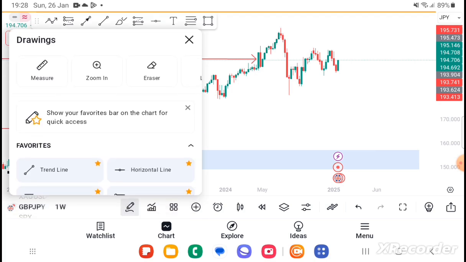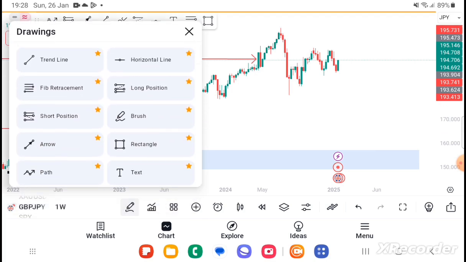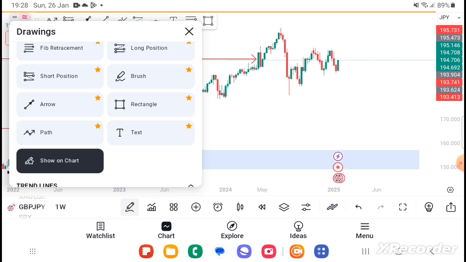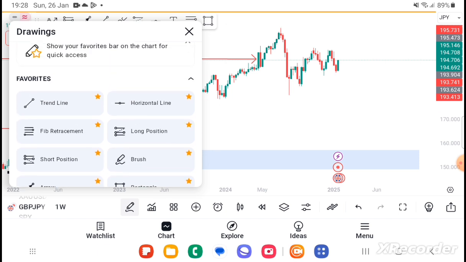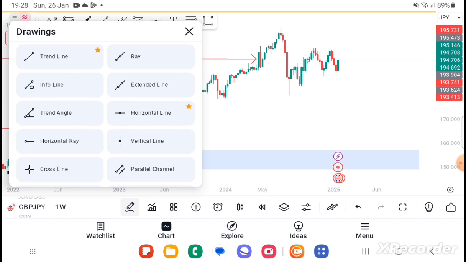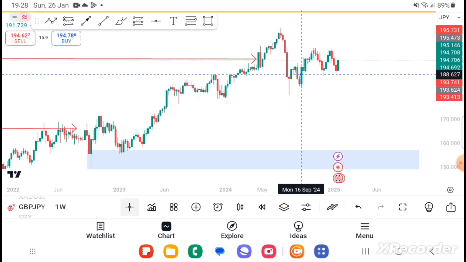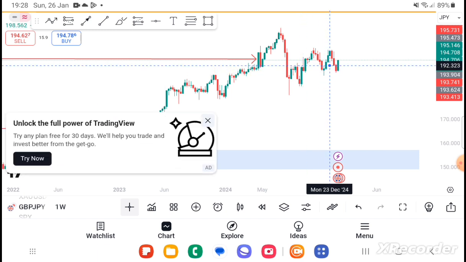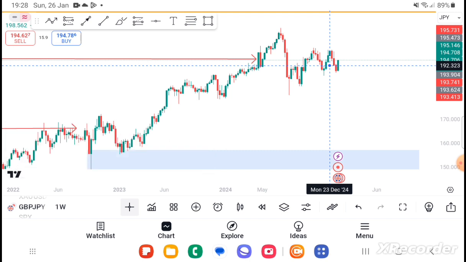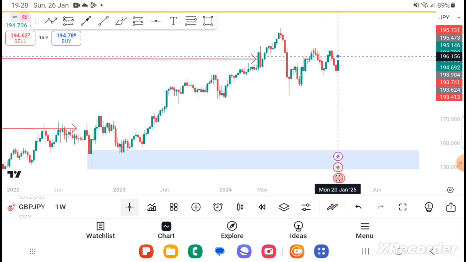So this year we are here. So this is where we are. So this is a weekly time frame. So this is 30th December, this is 6th of January.